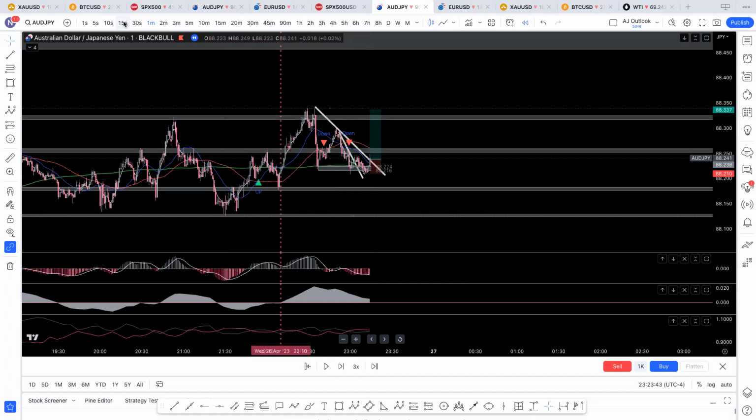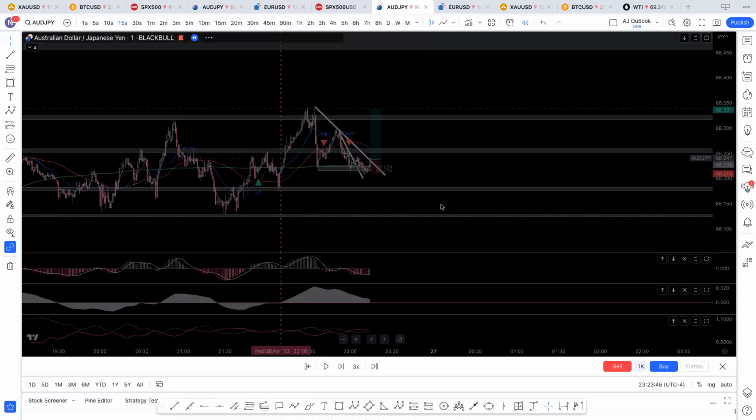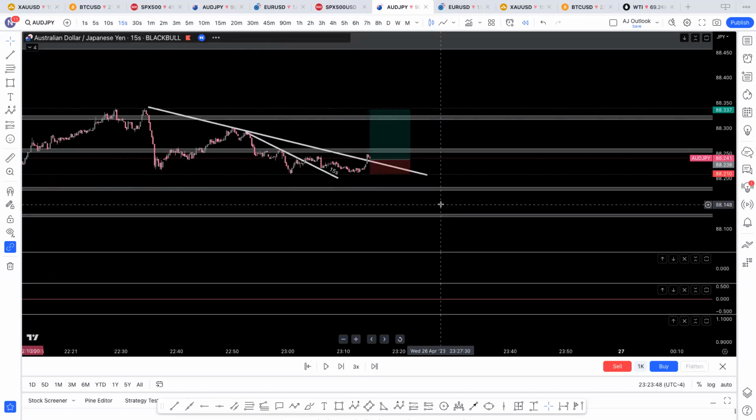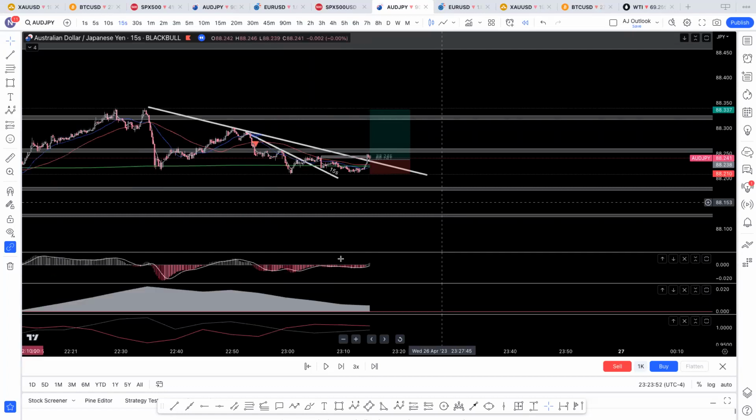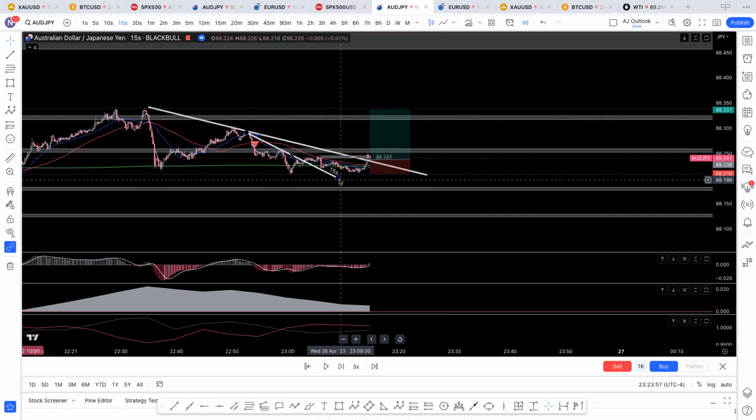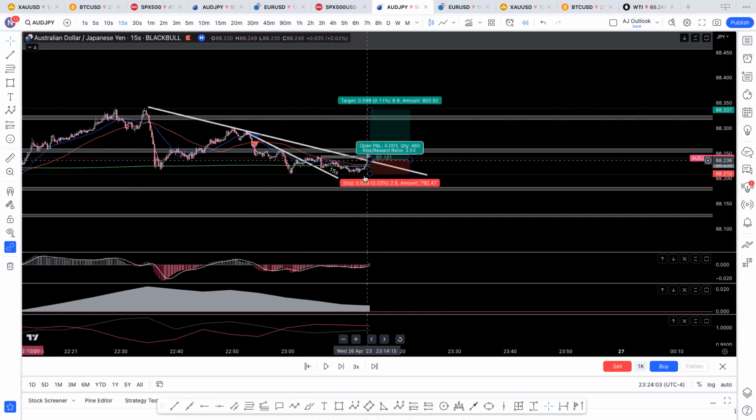However, I drop down to the 15 seconds. Again, I'm just going at minimum for a 1 to 2. So when I drop down to the 15-second here, I have no crosses, and I don't believe I got an arrow, but I'll double check.